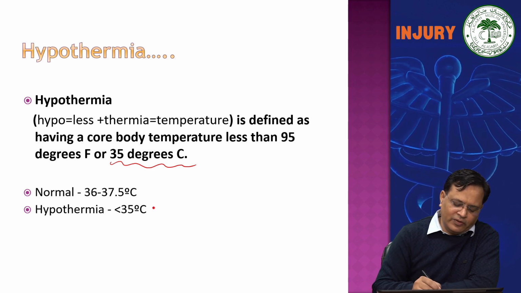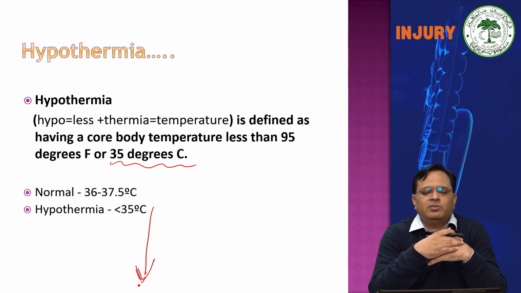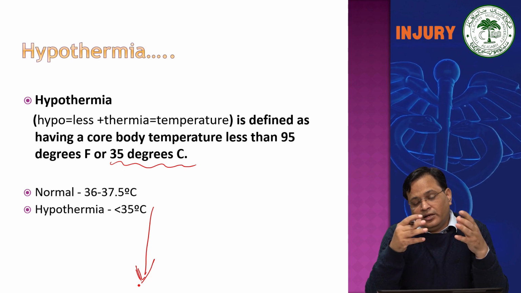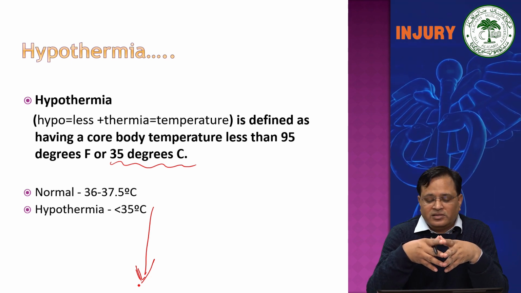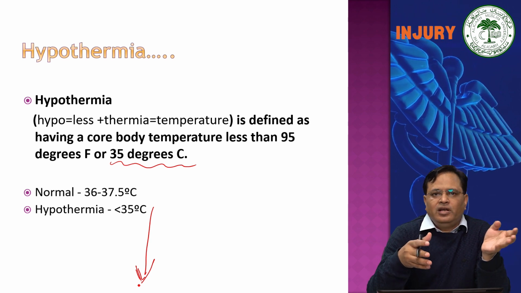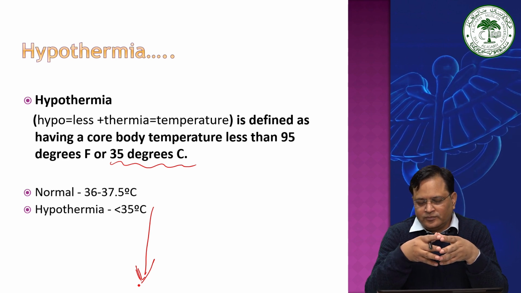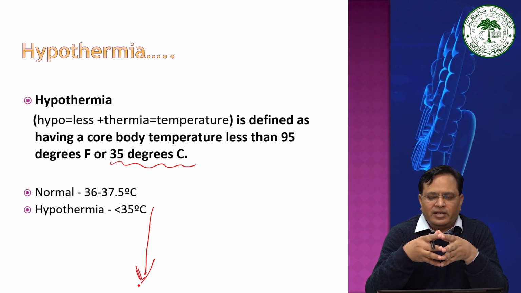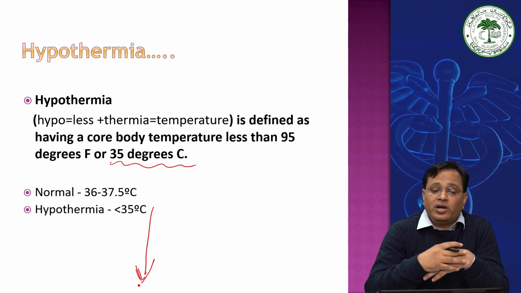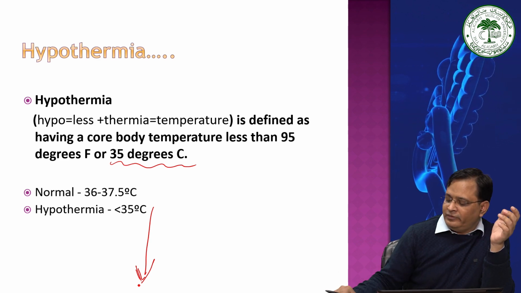If the temperature falls further, different generalized features of hypothermia will develop, which we will see in the coming slides. The body reacts to the low temperature: certain receptors and the hypothalamus are activated, leading to different reactions to conserve the central body temperature and try to remain alive.